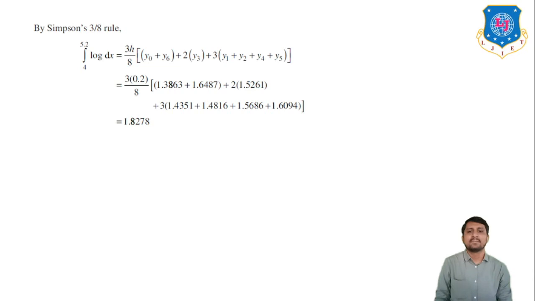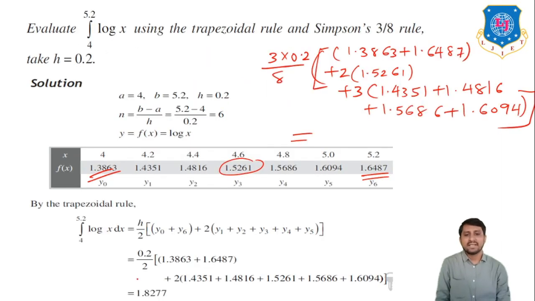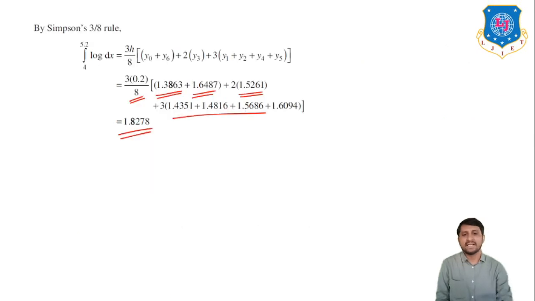By Simpson's 3/8 rule, 3h by 8, 3 into 0.2 by 8, first and last entry plus 2 into the y3 entry, plus 3 into all other entries, and the final answer is 1.8278. Here you can see that the difference is small: 1.8277 by the trapezoidal rule, and using Simpson's 3/8 rule you get 1.8278. So a very minor difference between them.